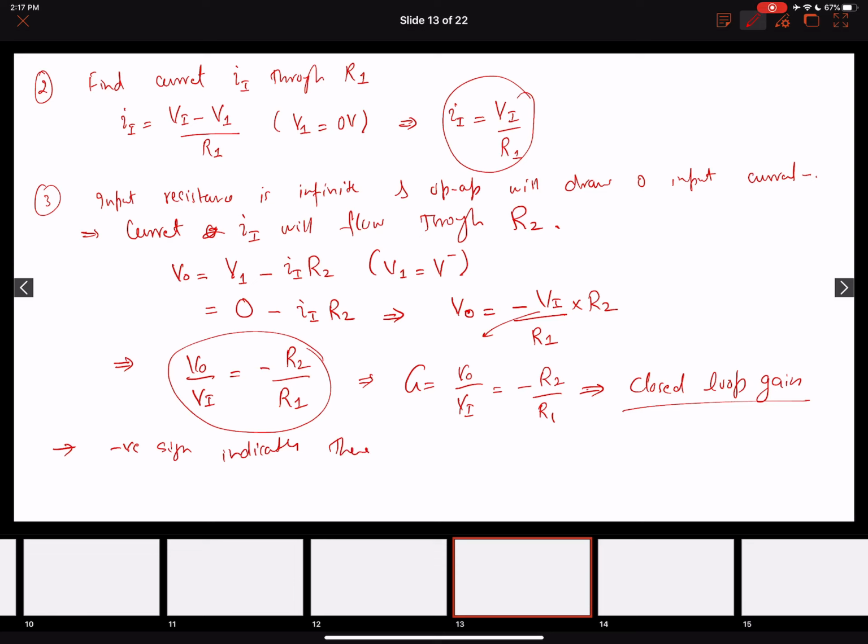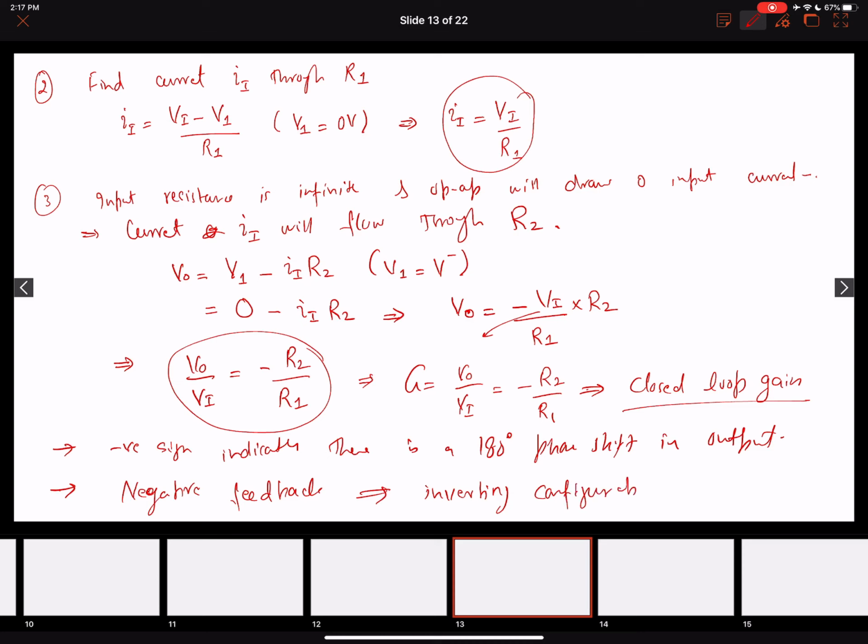Second, we will have a negative feedback here. This negative sign also indicates that we have a negative feedback. So that is why it is also known as inverting configuration.